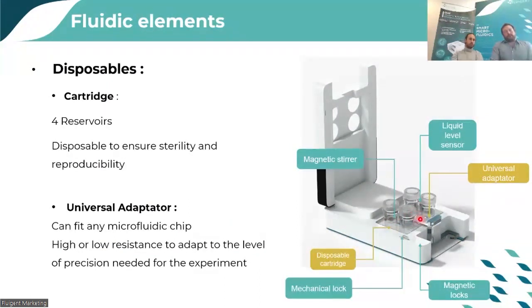And the adapter, why do we need an adapter? It depends on the design of your chip. If your chip is not resistive at all, you can use an adapter that has a very long microchannel in it. It will make a high resistance, so the flow control will be better using this adapter. On the contrary, if your chip is very resistive, you don't need to add extra resistance, so you have an adapter that is low resistive that you can use instead.